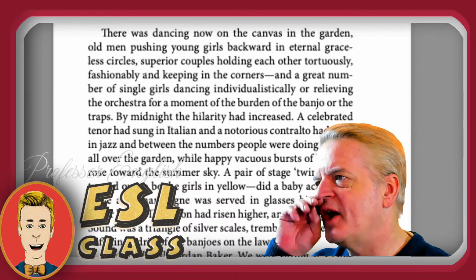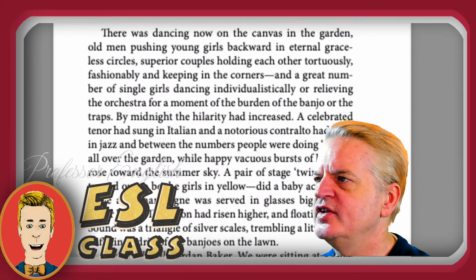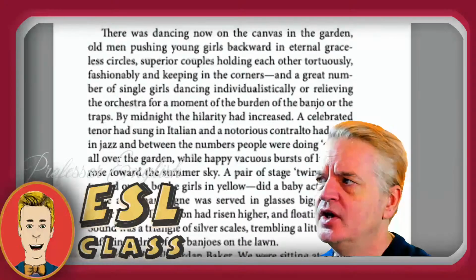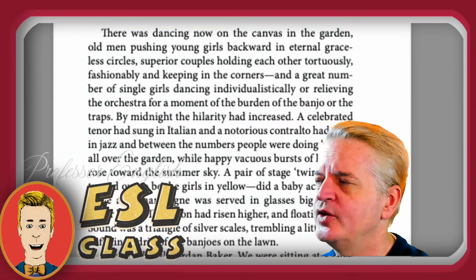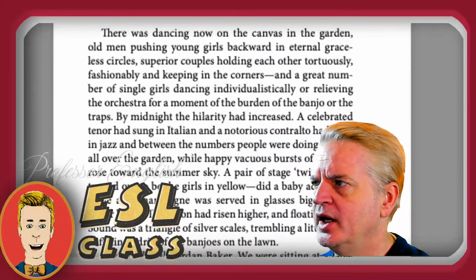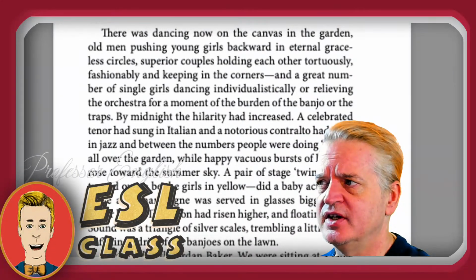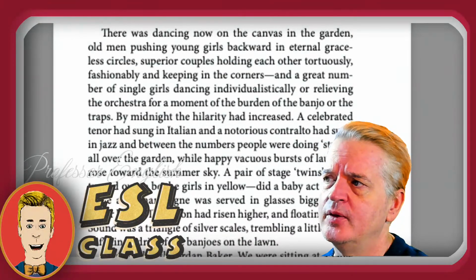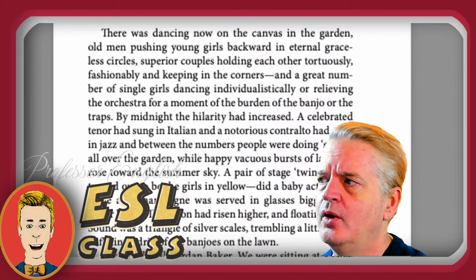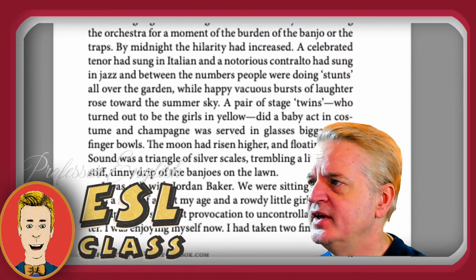There was dancing now on the canvas in the garden, old men pushing young girls backwards in eternal, graceless circles, superior couples holding each other tortuously, fashionably, and keeping in the corners, and a great number of single girls dancing individualistically or relieving the orchestra for a moment of the burden of the banjo or the traps. By midnight, the hilarity had increased.